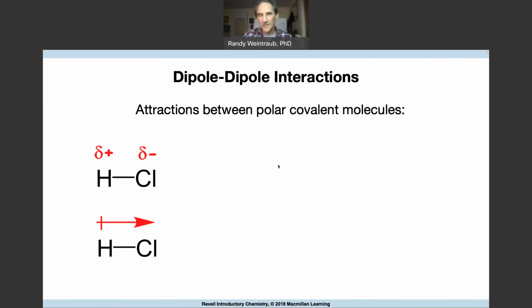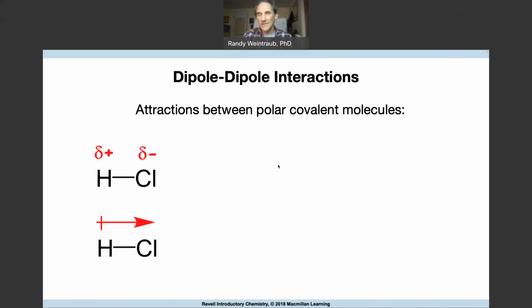In fact, these are the major type of covalent bonds. And depending on their shape, polar molecules often have a net dipole, meaning different sides of the molecule have slight positive and slight negative charges.